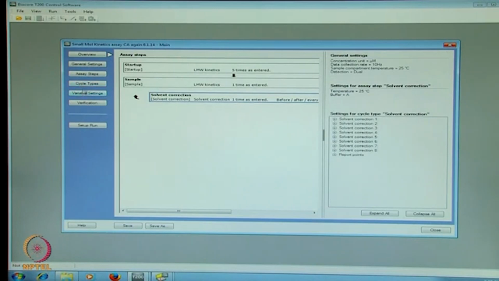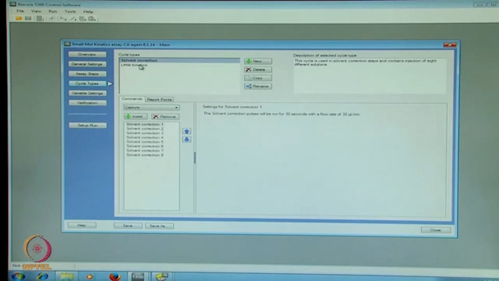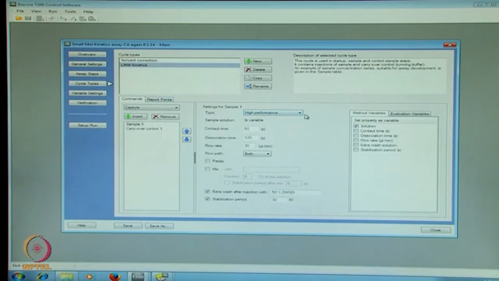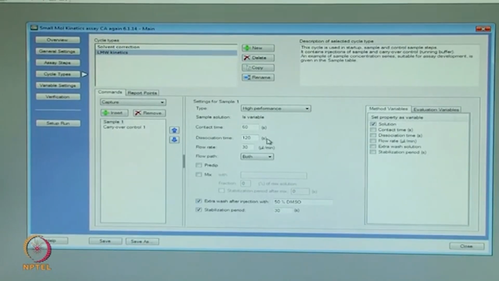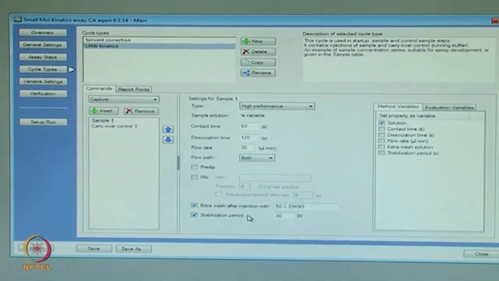Here also in the variable setting or in the cycle types, we go to the low molecular weight kinetic wizard, check that the type is high performance, contact time is 60 seconds, dissociation time is 120 seconds, flow rate at 30 microliter per minute, flow path both, extra wash with 50% DMSO, stabilization time of 30 seconds is provided here.